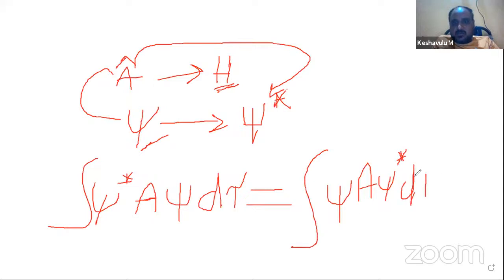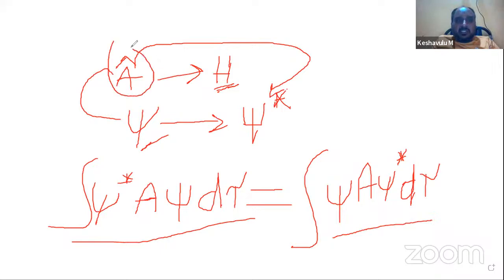These two results become the same. So in the first condition, the result should be similar to the second condition. Therefore, we can say this particular operator is called a Hermitian operator. Is it clear?